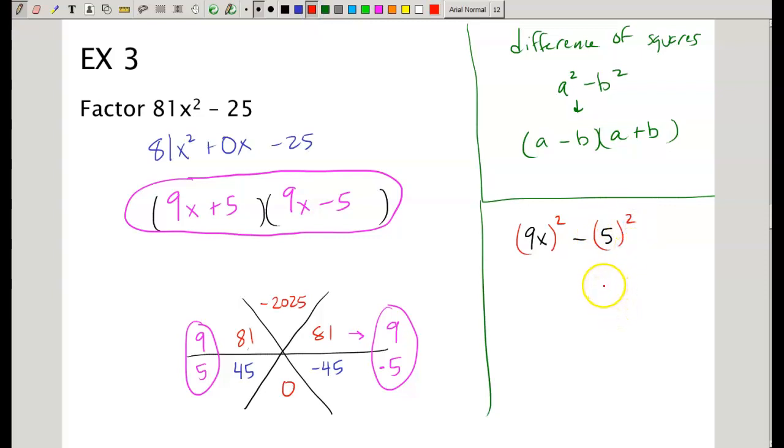So because you can write these two terms that you're subtracting as perfect squares, you can see the inside here is 9x, and the inside over here is 5. So if you look at the pattern up here, my a value is 9x, and my b value is 5. So we could jump right to the answer and say my factoring is going to be 9x minus 5 and 9x plus 5.